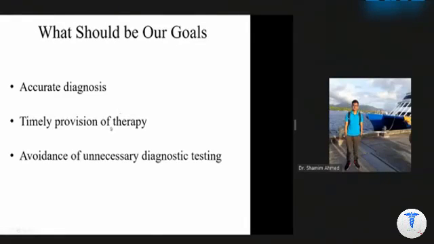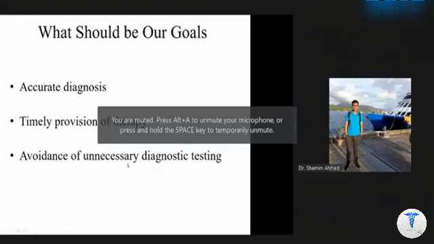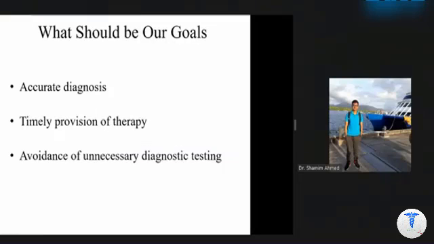If we don't treat the patient or if we delay treatment, there will be permanent damage to the joint, which may lead to disability of the patient. And avoidance of unnecessary diagnostic testing is very important. In most cases, the diagnosis of joint pain or rheumatological diagnosis is clinical, but we do investigations to support the diagnosis, not to exclude the disease.